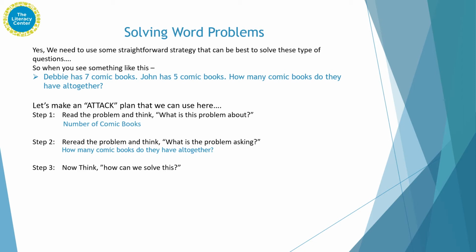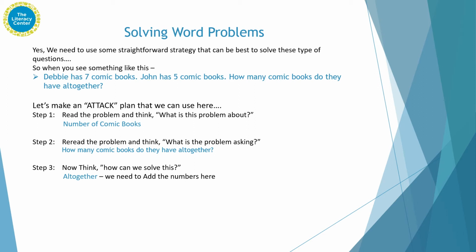Let's move ahead. Now you need to think, how can we solve this? When you read this question one more time, you will be able to see some important words here. When you see the word altogether, what does that mean? Debbie has 7 comic books, John has 5 comic books.